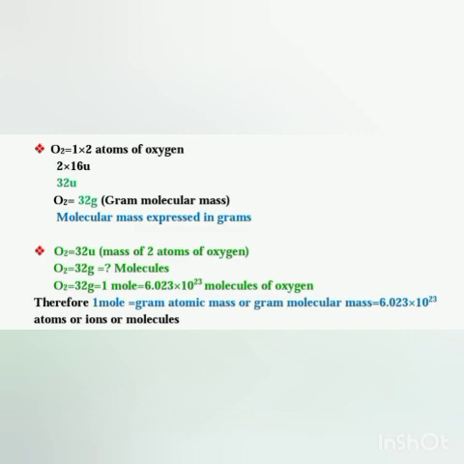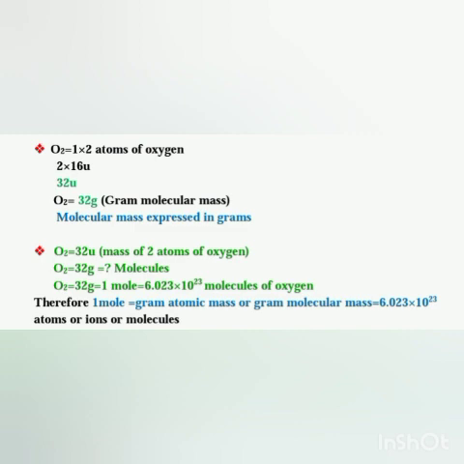Now, in 32 grams, how many molecules of oxygen are there? In 32 units, one molecule of oxygen is there, because atoms and molecules are very, very small and we cannot see them. That is why we use a very small unit, the atomic mass unit. So 32U is the mass of one molecule of oxygen or two atoms of oxygen.